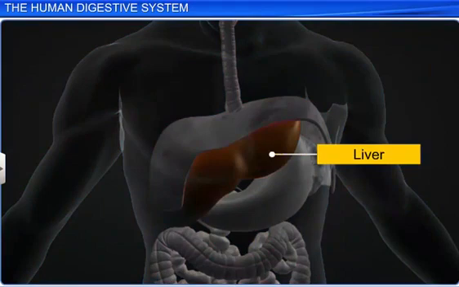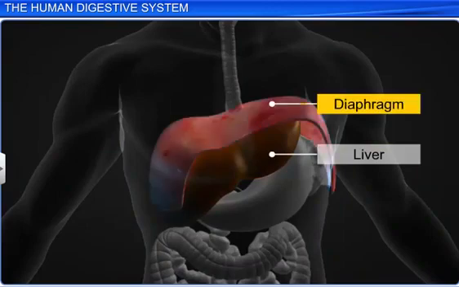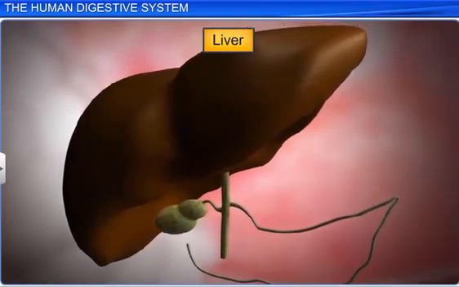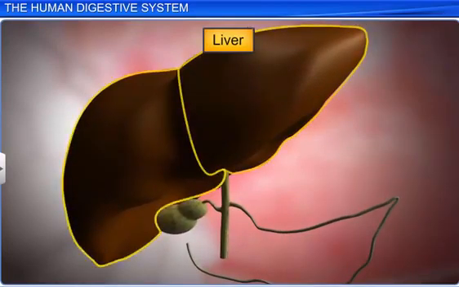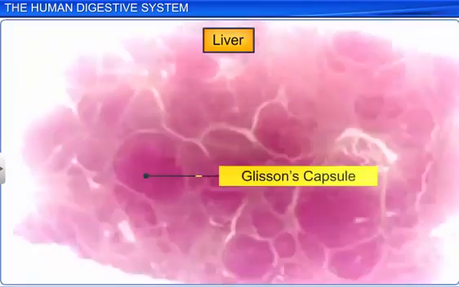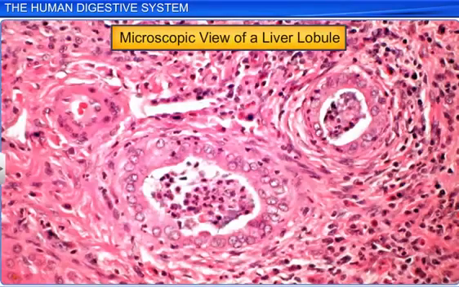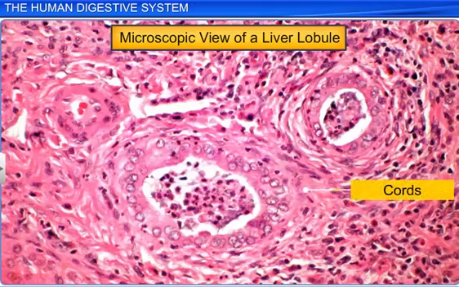The liver, the largest gland of the body, is located in the abdominal cavity just below the diaphragm. It has 2 hepatic lobes which are covered by a thin connective tissue sheath called the Glisson's capsule. These lobules contain hepatic cells called hepatocytes, which are arranged in the form of cords.